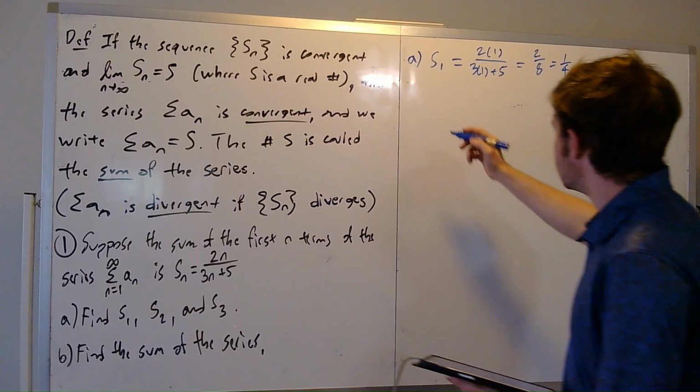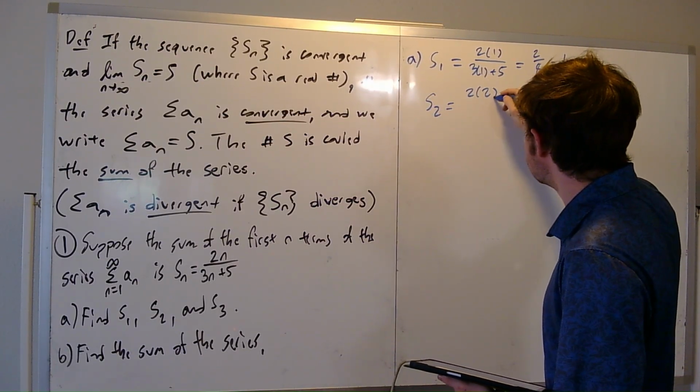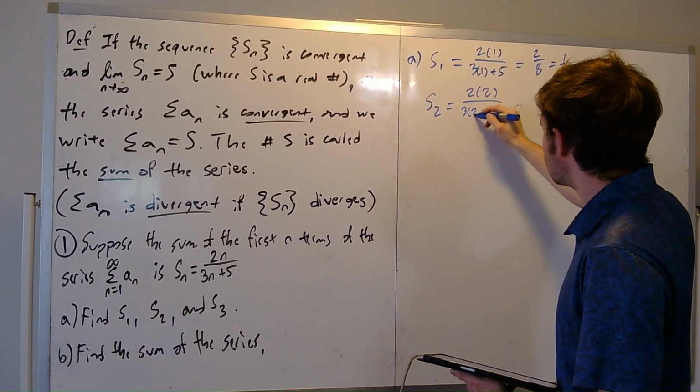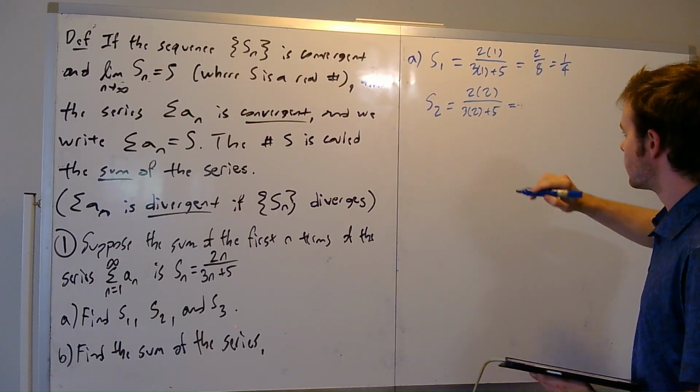Okay. And then S2, we do the same thing, we just plug in 2. So we get 2 times 2 over 3 times 2 plus 5, so that's 4 over 11.